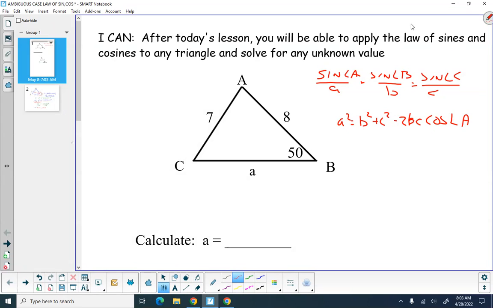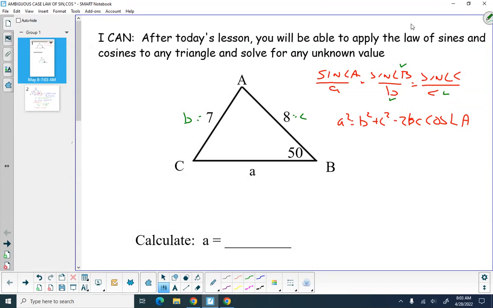So dealing with this is going to take a few steps to be able to solve this problem. But what I do know is I know angle B, I know little b, and I know little c. So in my ratios, in my last 2, it doesn't solve me anything for A, but it allows me to take the sine of angle B over little b and set that equal to sine of angle C over little c.